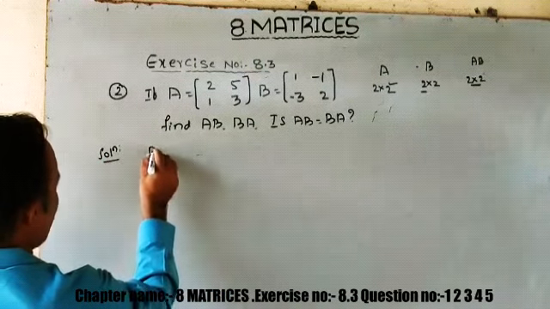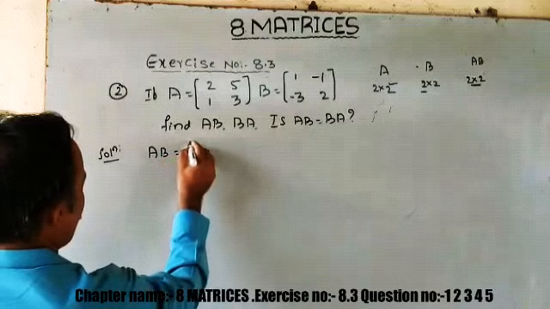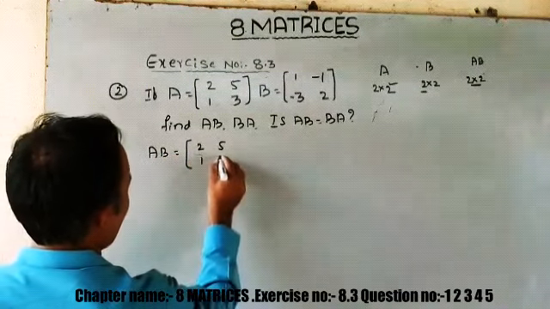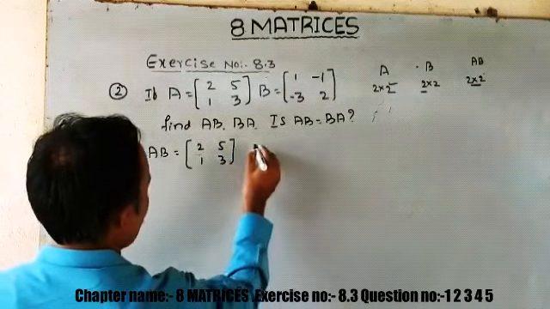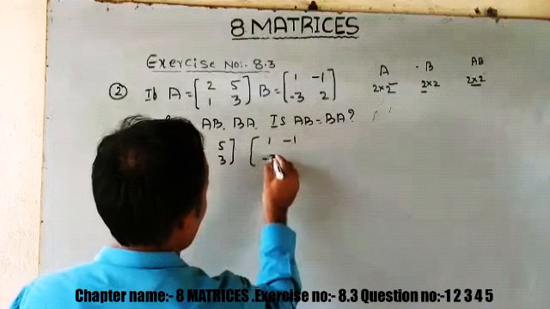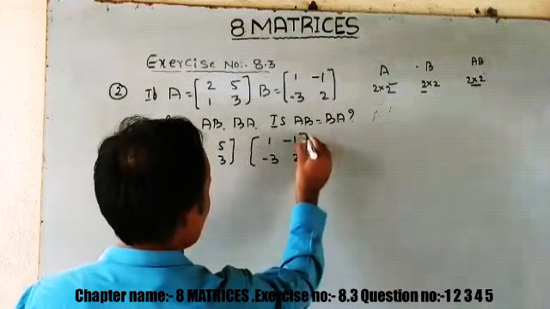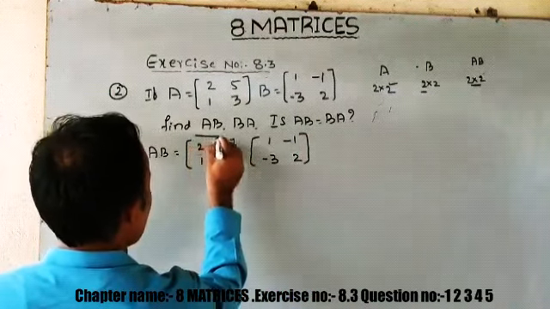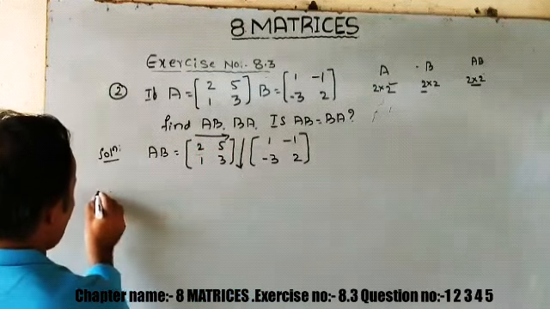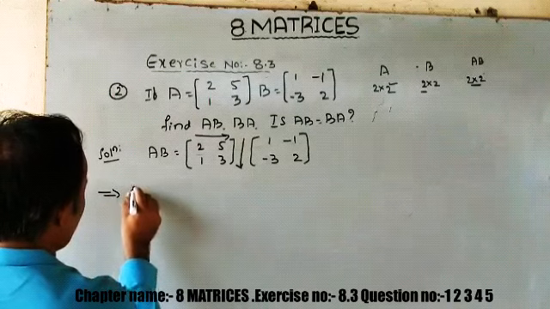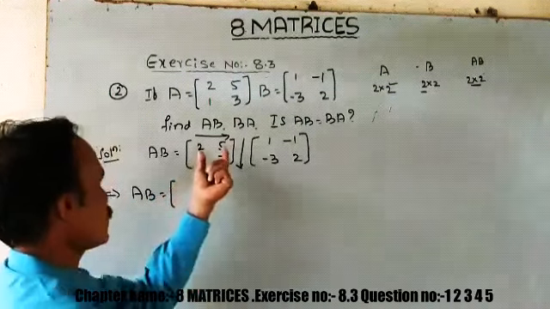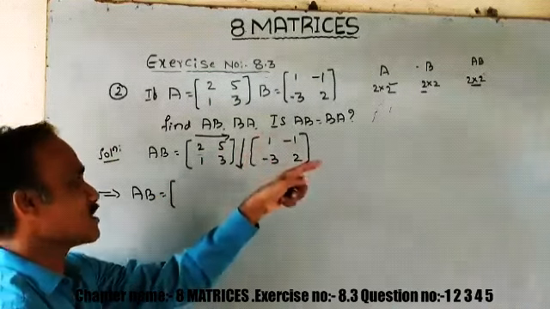First AB: A is 2 5 1 3, and B is 1 minus 1 minus 3 2. Write an arrow mark here, downwards. So AB is equal to, consider the row elements of the first matrix, and column elements of the next matrix.